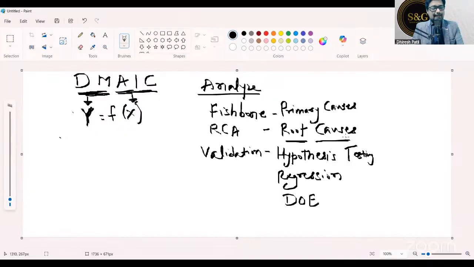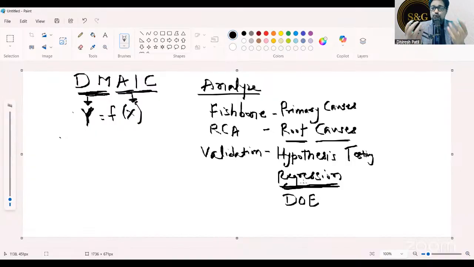That's what we say. So today's topic, correlation and regression, is used to validate our root causes. We use correlation and regression where we want to relate two continuous data, where X is continuous and Y is also continuous.